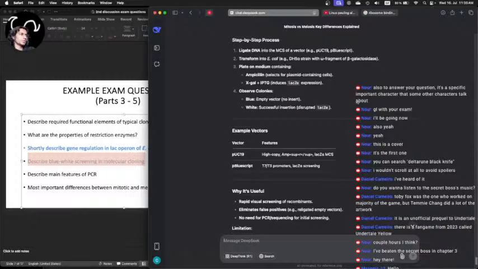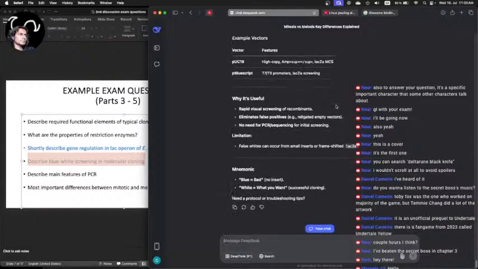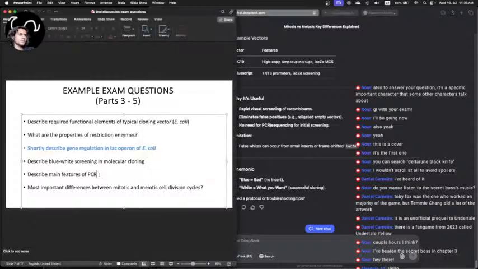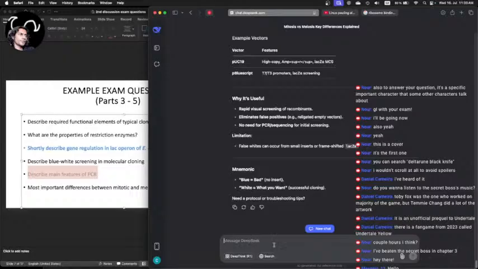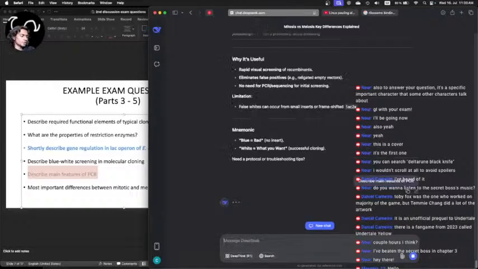Why it's useful: rapid visual screening of recombinants, eliminates false positives, no need for PCR or sequencing for initial screening. Describe main features of PCR. So blue is bad, white is good.